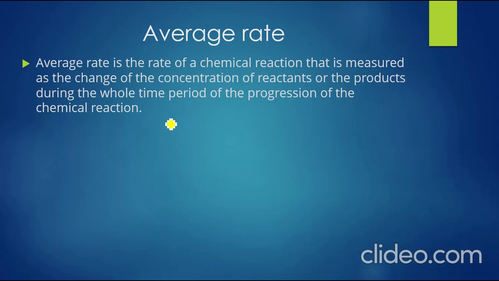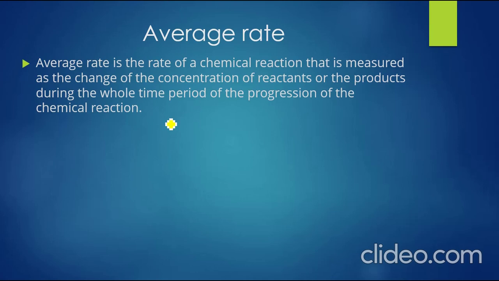So the average rate of change is given as rate is equal to negative the final reactant concentration at T2, minus the initial reactant concentration at T1, over T2 minus T1. And you can be asking yourself a question, why is there a negative in front like this?